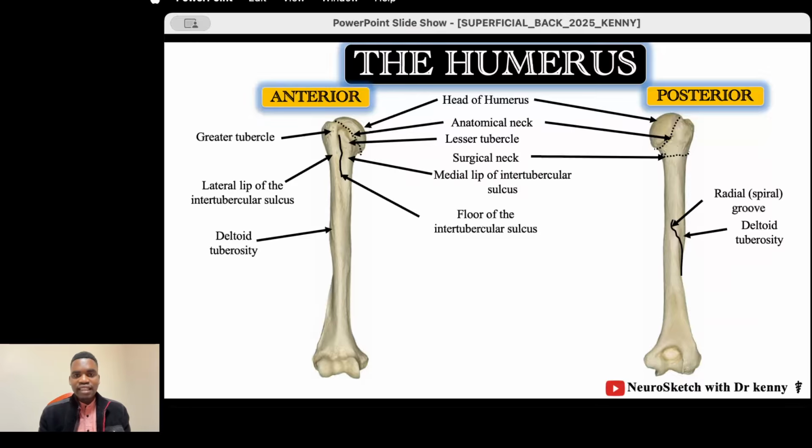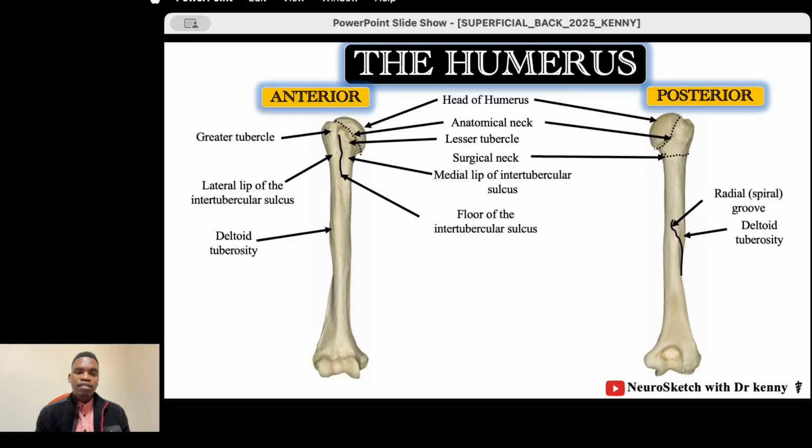The spiral groove and the radial groove mean the same thing. It is radial because that is where the radial nerve, together with the profunda brachii artery, will pass. But it is spiral because of the spiral shape.